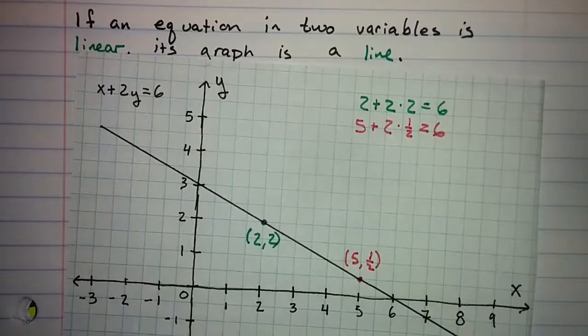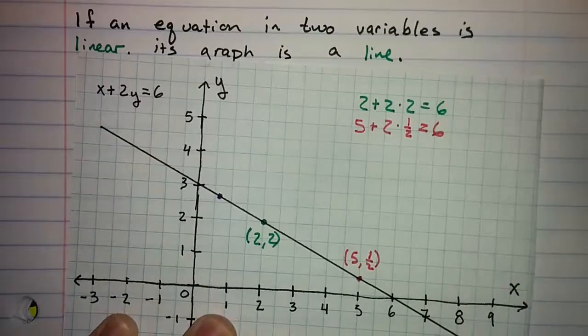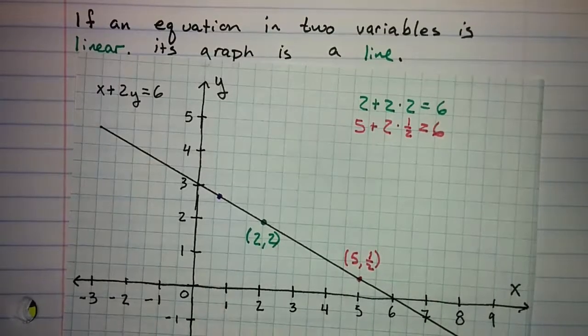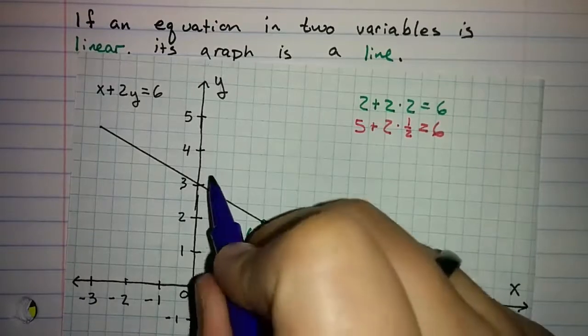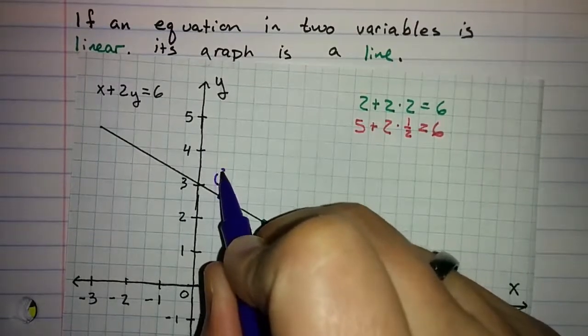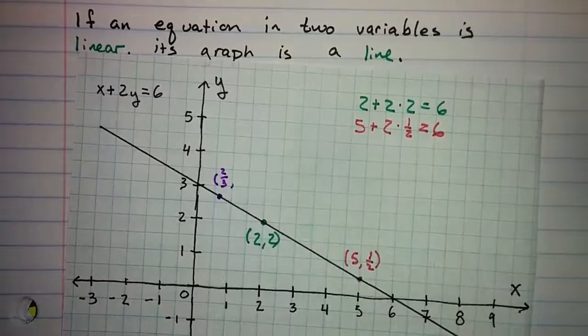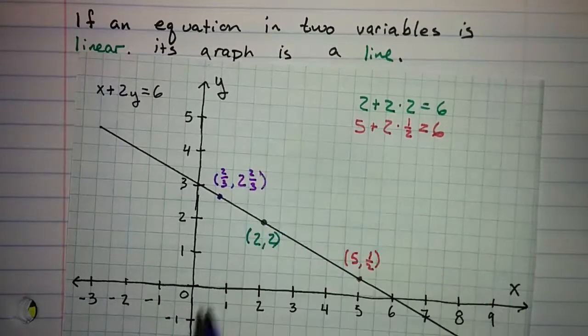It even works for really awful points on this line that are hard to read, like that point. That point looks like it might be x is 2/3, y is 2 2/3.